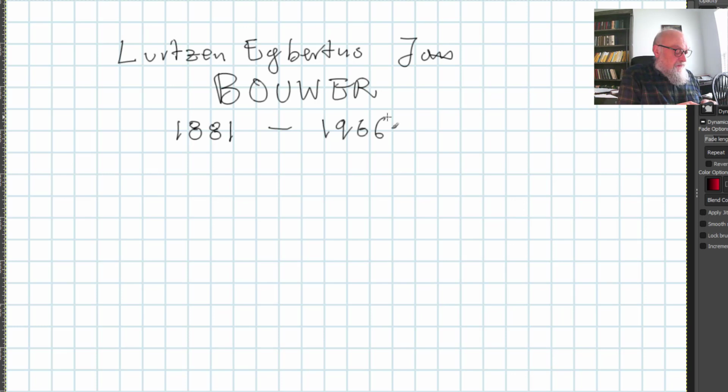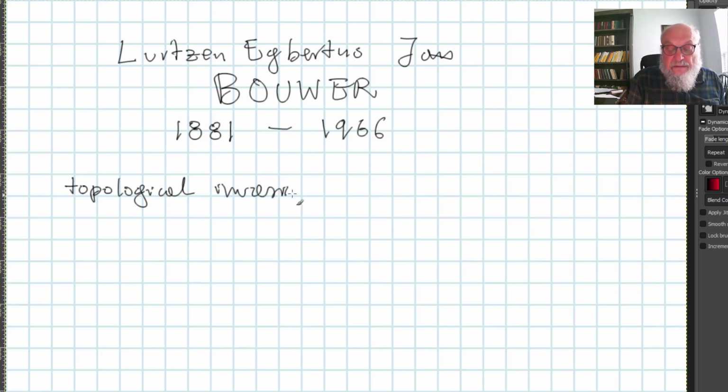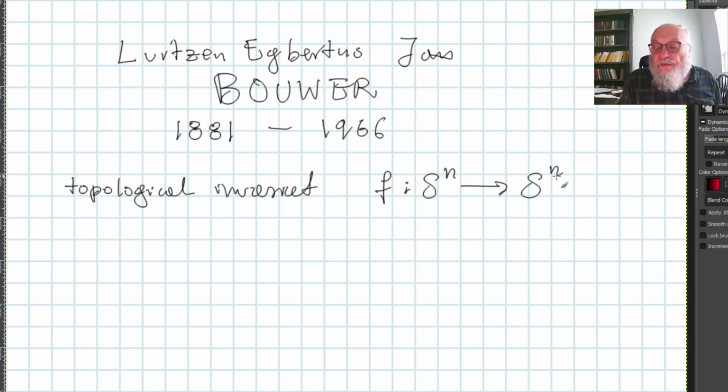In the year 1910, he published a famous work in which he described an invariant that he called the degree, and this was a topological invariant to classify the homotopy classes of the continuous maps between two spheres.